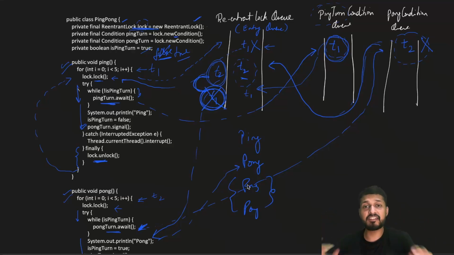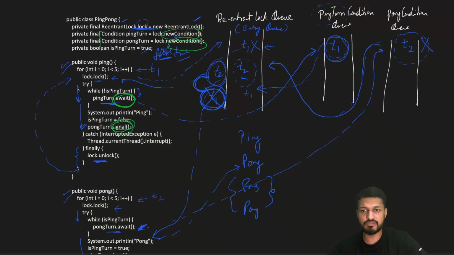But the main reason to walk you through this process was to make you understand what happens when you call await, what happens when you call signal, how to create different queues, right? All these things. So what are the most important things that we learned here? What are the new functions that we learned? newCondition is a new function, right? So remember this. await is a new function that is used on condition variables.